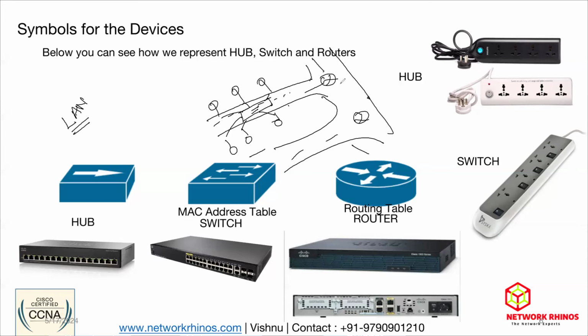You can imagine this room as one network. If we want to communicate, we use a switch. If you want to go outside your network and talk to somebody else, you have to use a router. And switches use MAC address and routers use IP address. And a switch has something called a MAC address table and a router has something called a routing table.